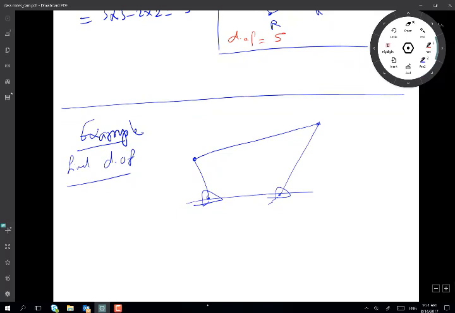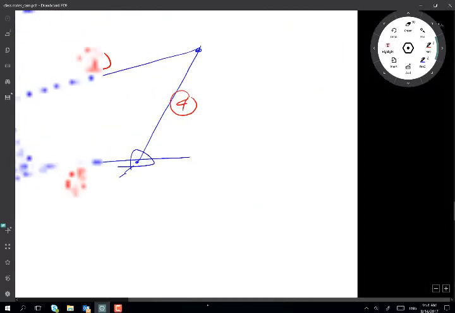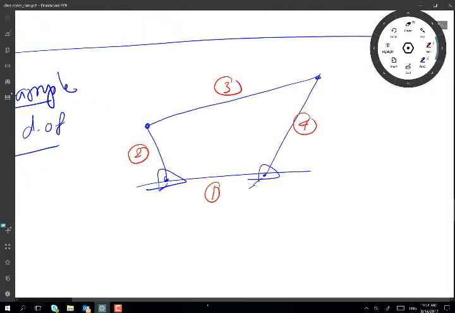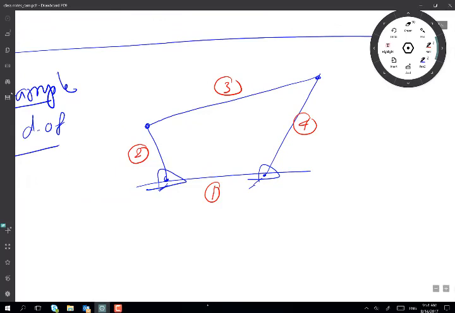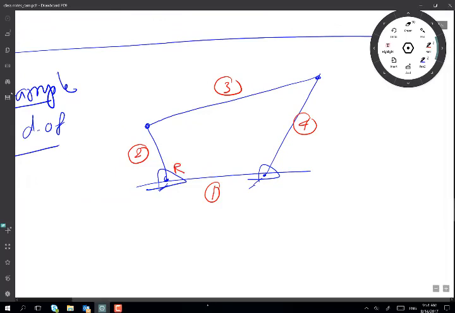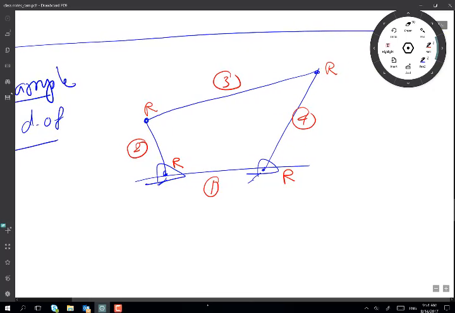I start by counting the stationary link as link number 1. That's link number 1, and then I have link number 2, link number 3, link number 4. I always try to put circles around the link number. That's something I always want to do. Now I have revolute joints here, another revolute joint here, another here, and another here.